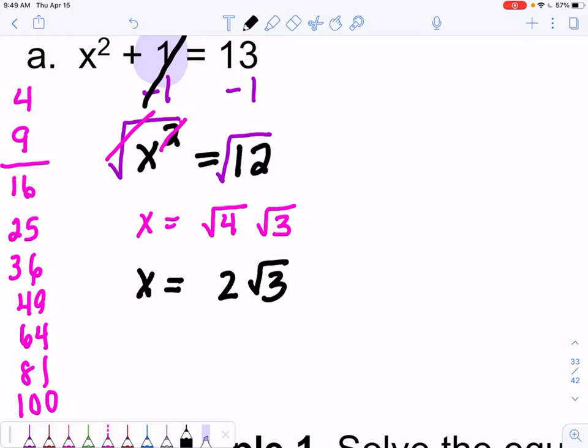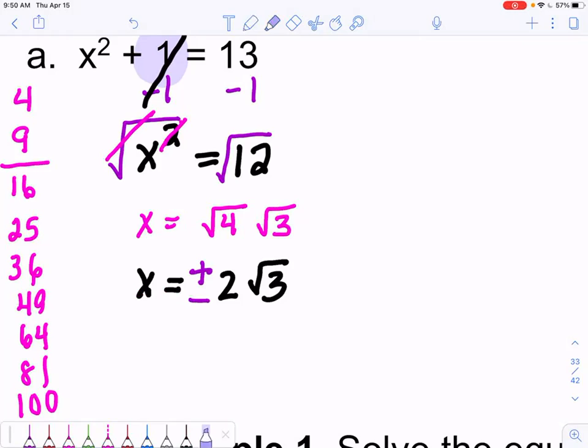The last part is to place a plus or minus sign in front. That's going to go in front of every single problem because two positives make a positive, but two negatives multiplied together still make a positive number.